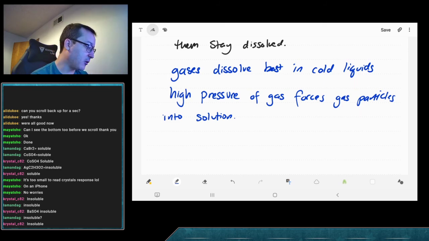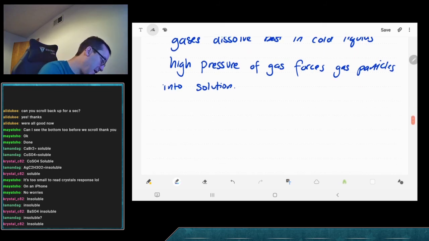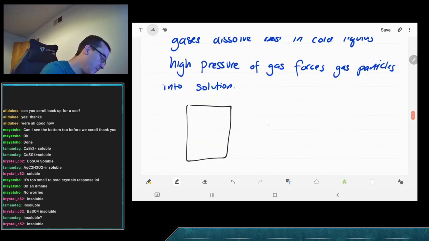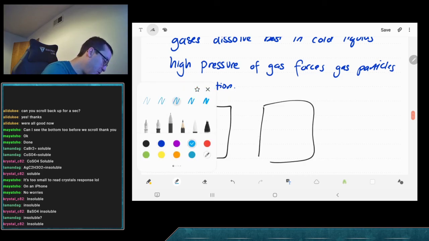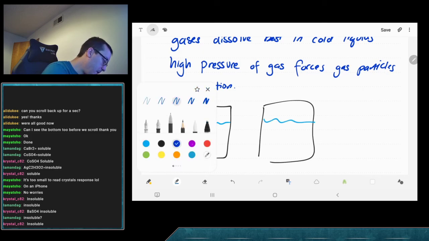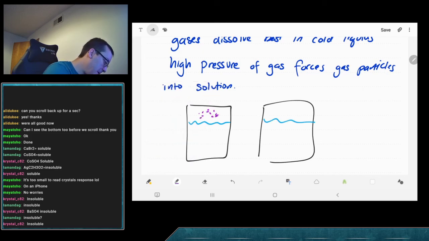And so if we imagine we have here's our container or whatever. We have our water inside. And if we have a ton of gas particles in here, which have a high pressure, that's not very stable.